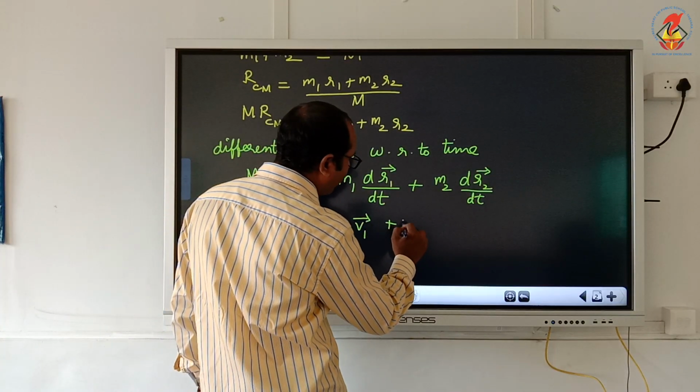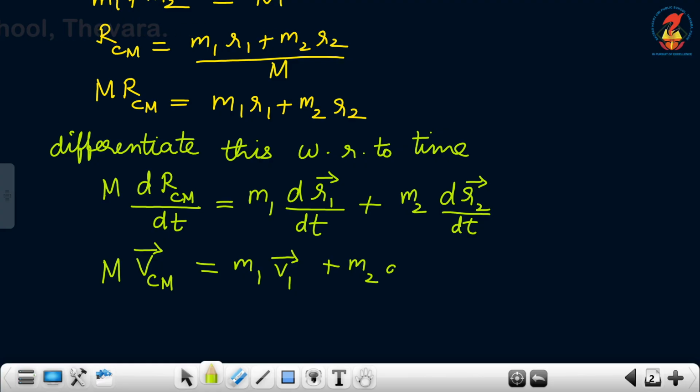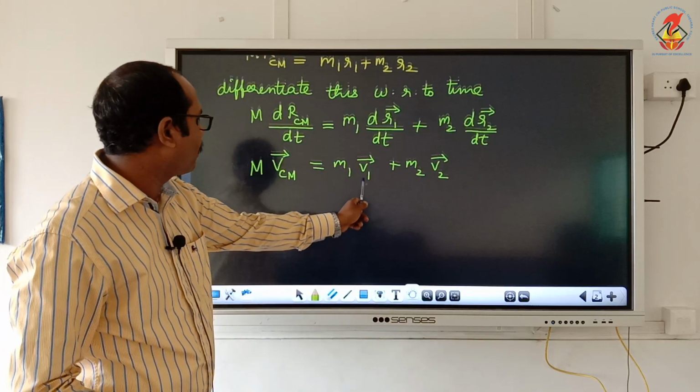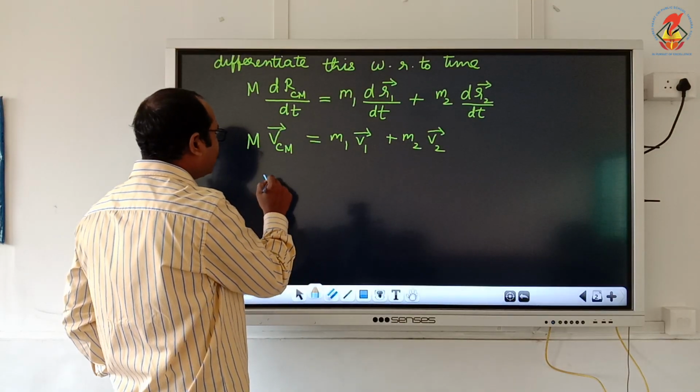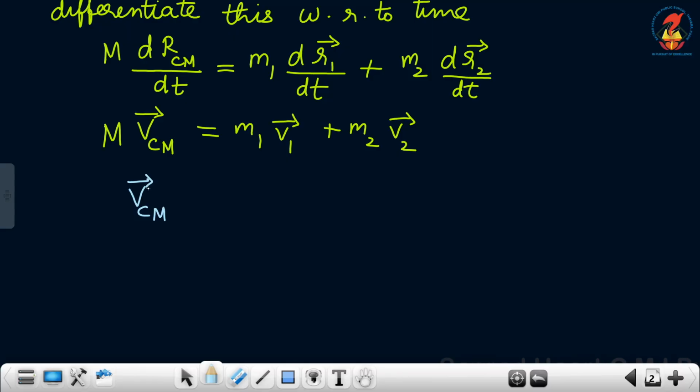Similarly, m2 into dr2 by dt is called v2. Velocity is a vector quantity, that is why I put the vector sign. So, finally, you can write vCm, the velocity of the center of mass, as (m1 v1 + m2 v2) divided by capital M. Capital M is m1 plus m2 in a two particle system.